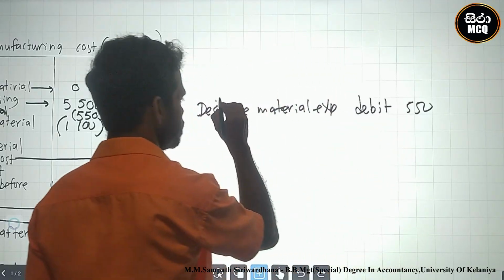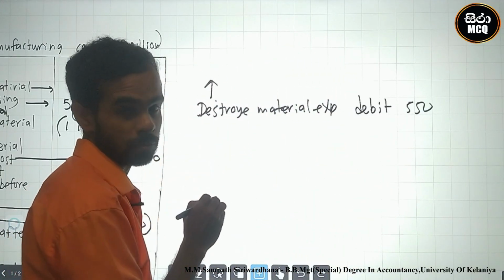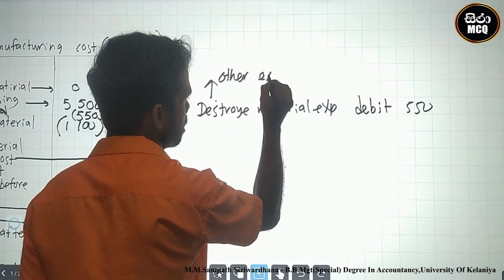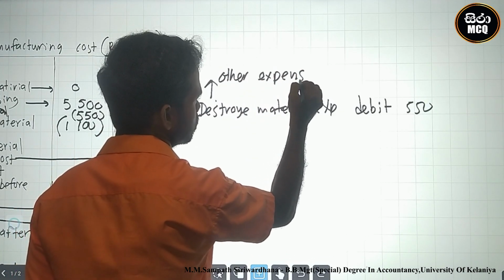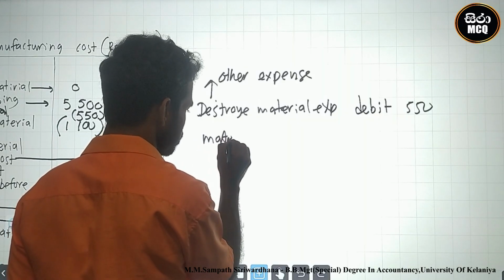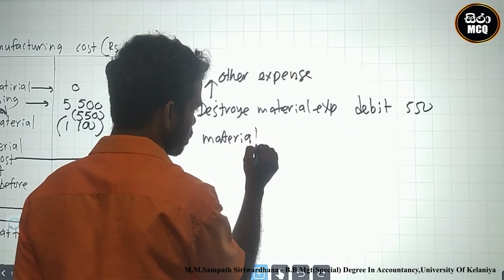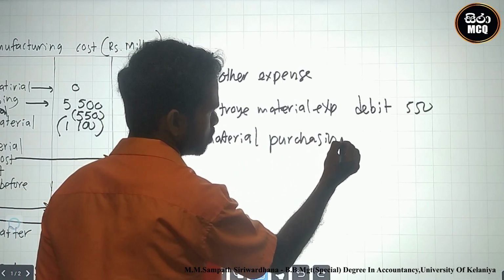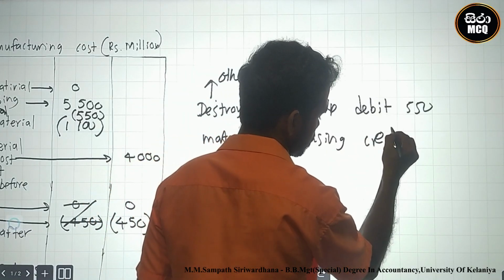This is the expense, identified as other expense. Credit material purchasing 550.